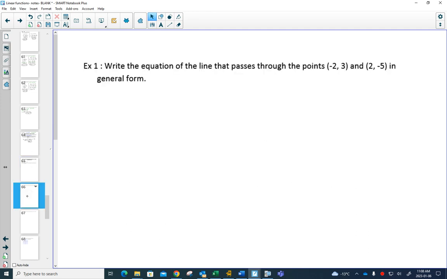So what does it look like? These are the 2 things that you need. Sometimes I write them out right at the top. Then I look at my question. Do I have any of these? Yes, I have 2 points.